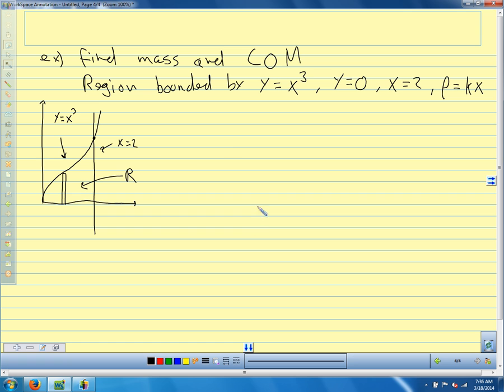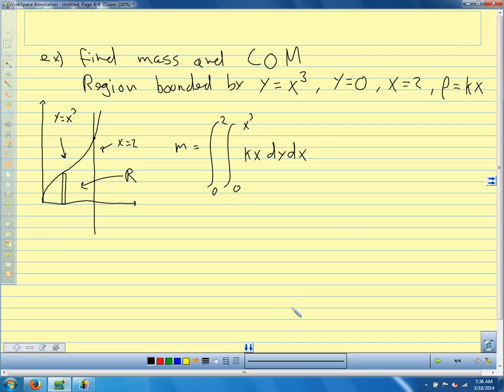So let's set this up. Our mass is just going to be the double integral over our region of rho dA. So our integral is going to go from y equals 0 to x to the third, and x is going to go from 0 to 2, of kx dy dx.